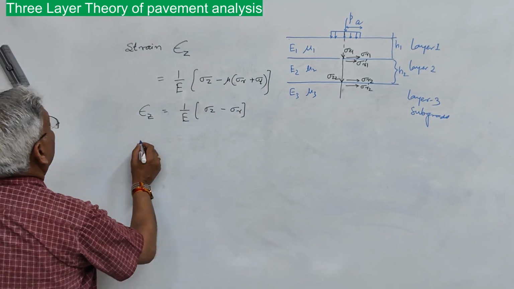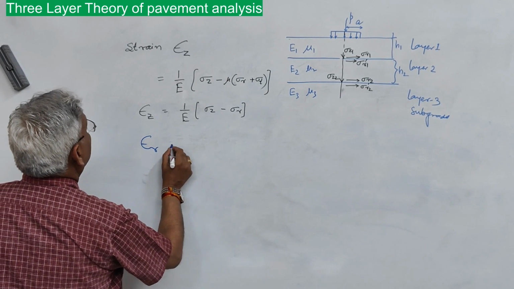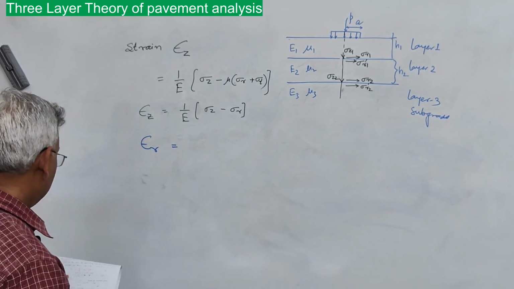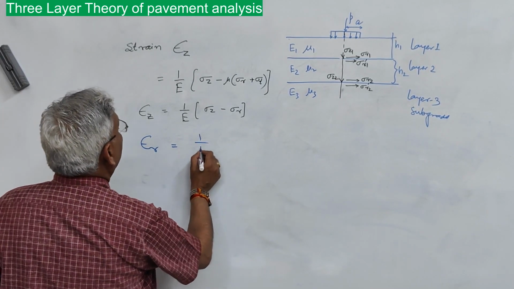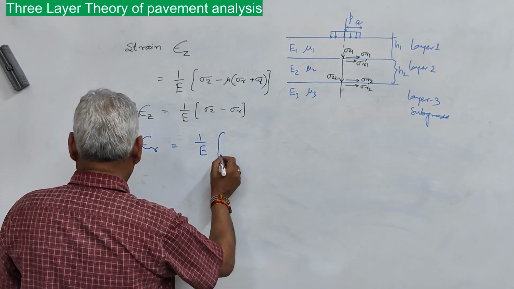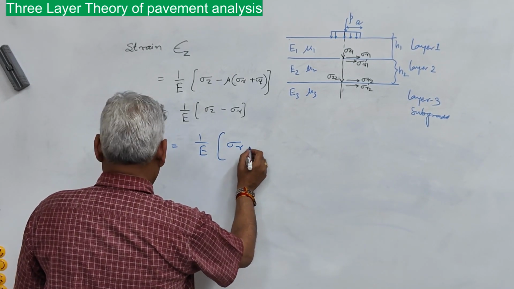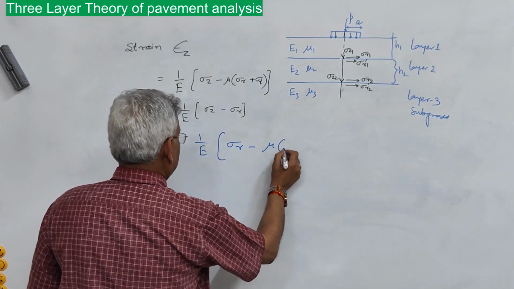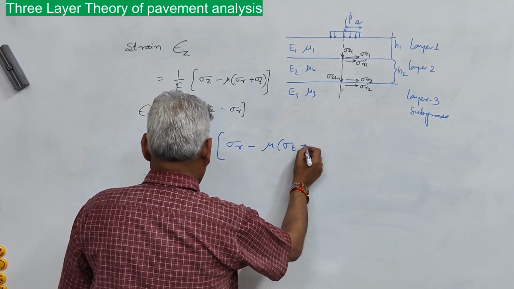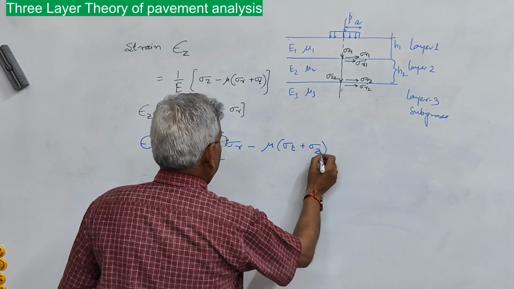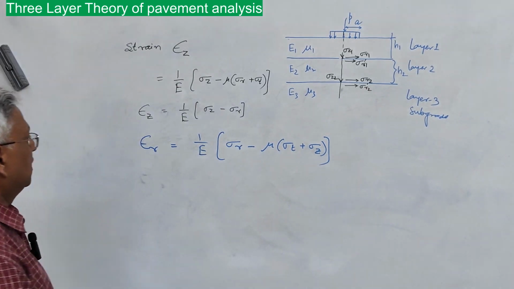Similarly, now radial strain epsilon r is equal to 1 upon E into sigma r minus mu times (sigma t plus sigma z). That is the equation for radial strain.